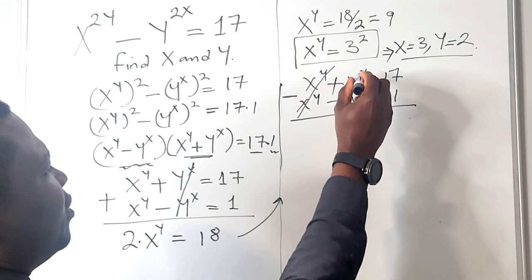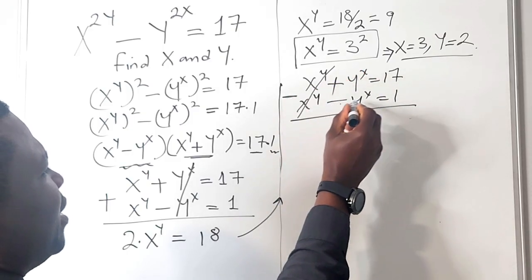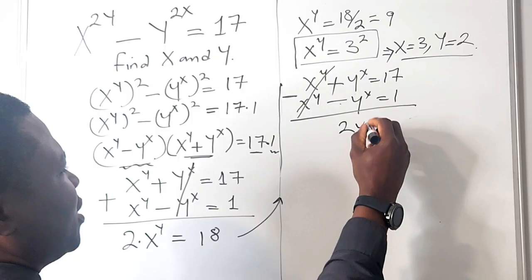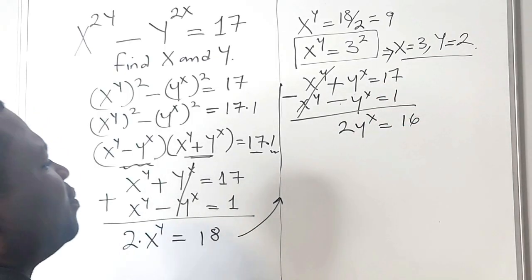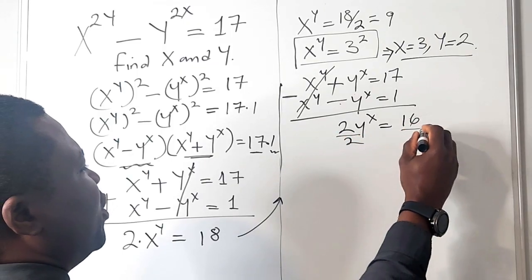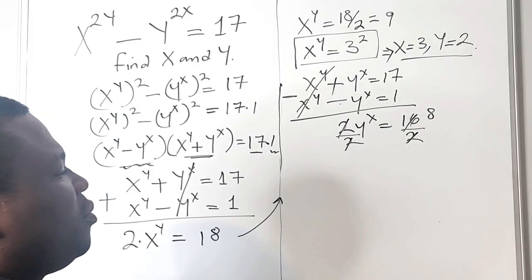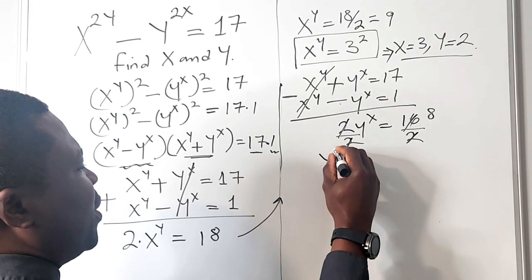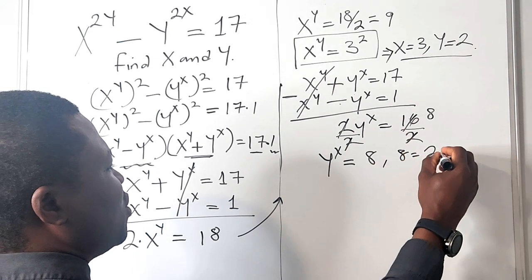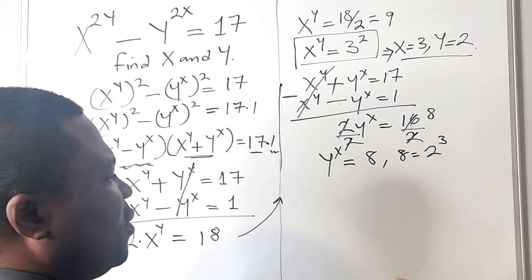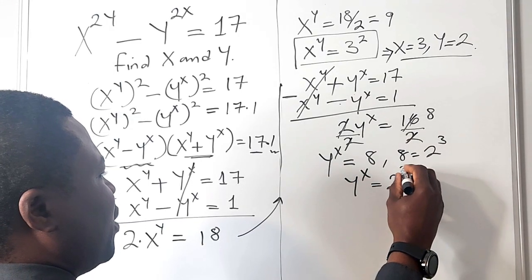And then we have this minus yx minus yx will give us 2 y to the x. 17 minus 1 will give us 16. So if we divide both sides by 2, we have 8. Now, therefore, our y raised to the power x is equal to 8. And we know that 8 is the same thing as 2 raised to the power 3.